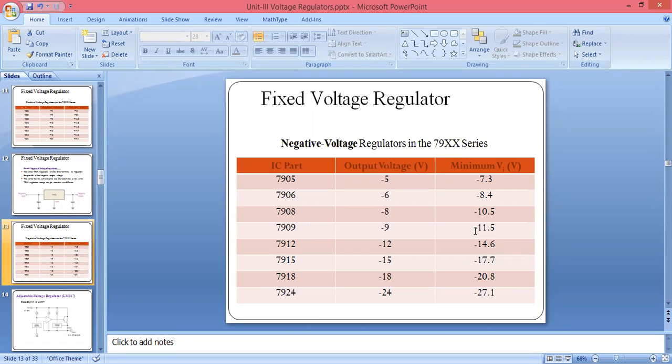It is an approximate value, and we can convert that unregulated value into a constant minus 9 volt, because this xx of 79xx defines the value of output DC voltage which it will give. So it will give 09, but we are saying 79xx is a negative voltage regulator, so it will give minus 9 volt at the output.